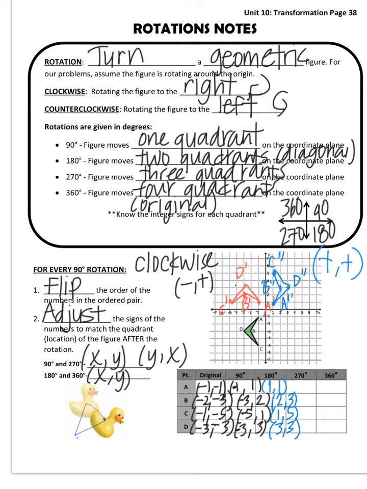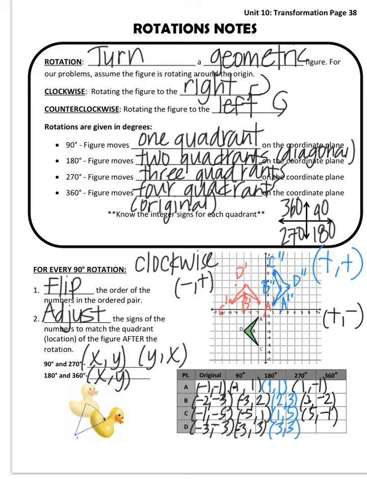Okay, 270 degrees. So for 270, that's going to put us down here in quadrant 4. So we're positive, negative. So 270 is like 90. We have to flip the ordered pair. So we're going to flip the original, this 2, 3, the same way we did with the 90s. We'll have 3, 2, except this time we'll have a negative y value.